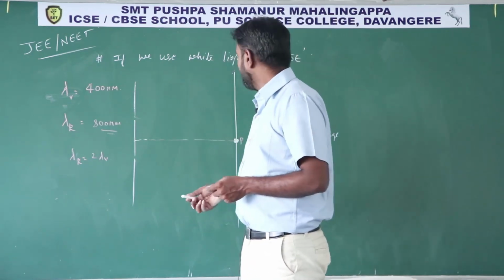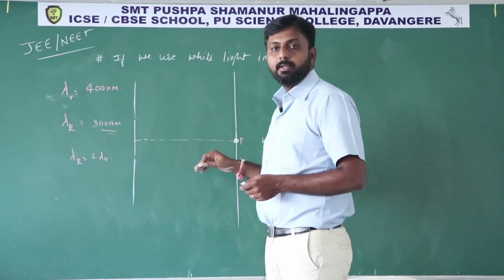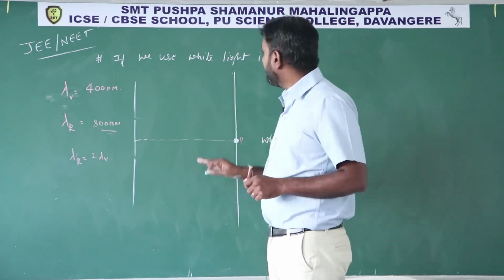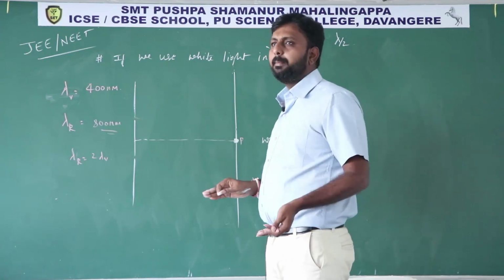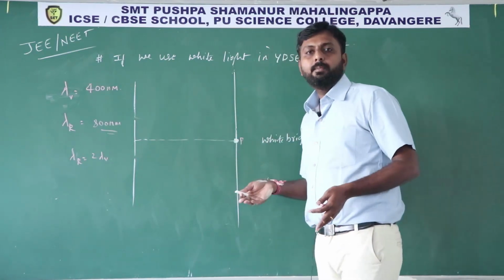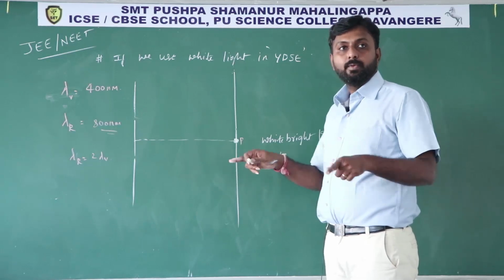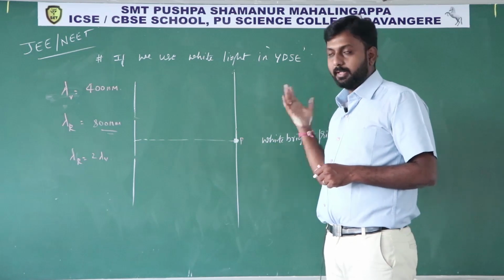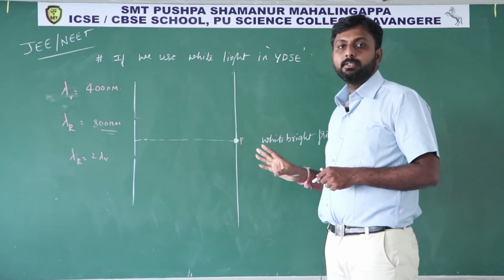And next, if we move in this direction, definitely a path difference will be introduced. You know that lambda by 2 is the path difference condition for the first dark band. Two waves are traveling, and if the path difference between them is lambda by 2, definitely a dark fringe will form.